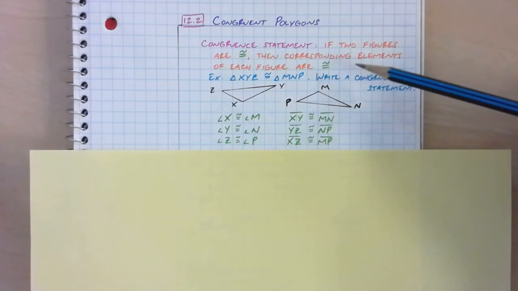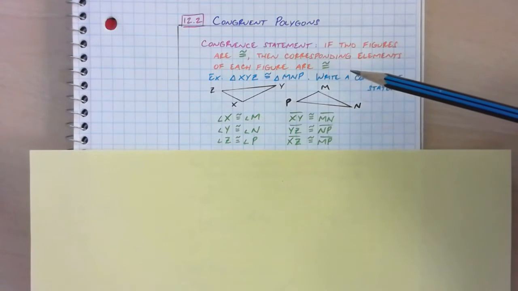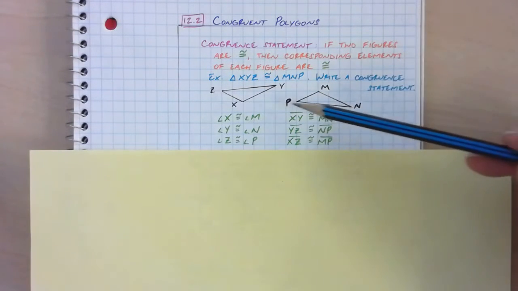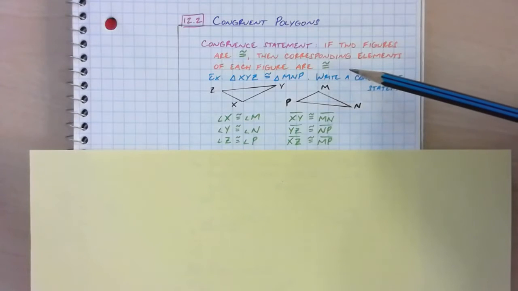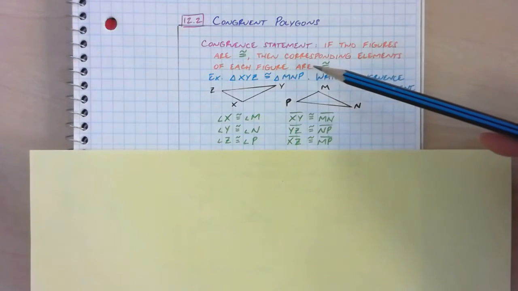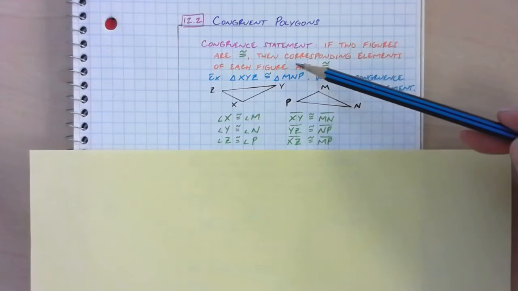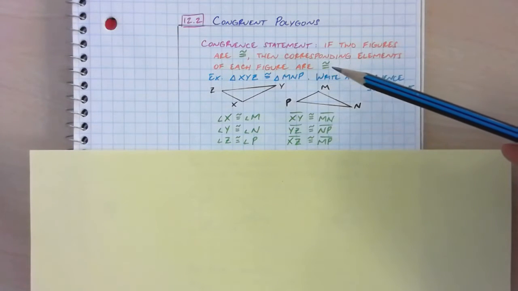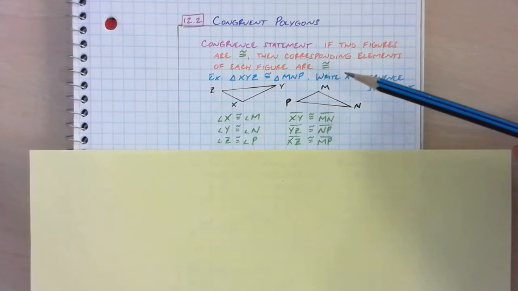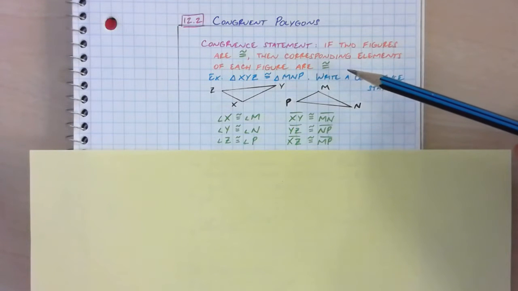Because ultimately, that's what this is stating. If I have two objects, triangles in this case, that are congruent to each other, every corresponding piece, and here's that word corresponding, we've seen that in previous chapters. Corresponding basically means same position, same circumstance.